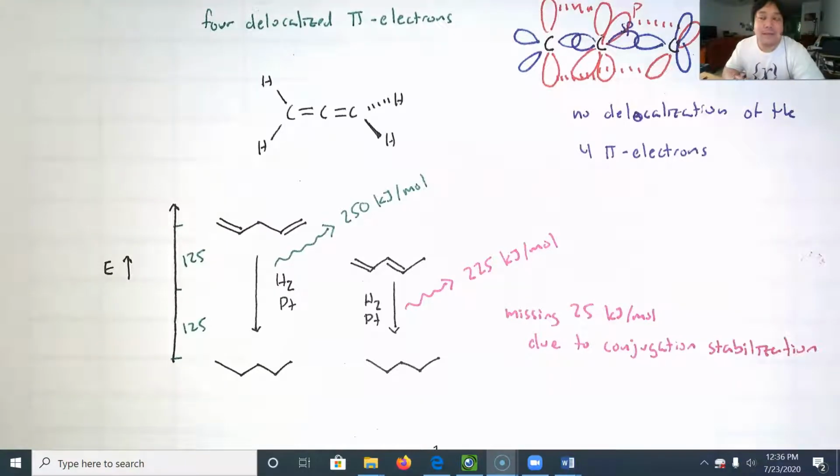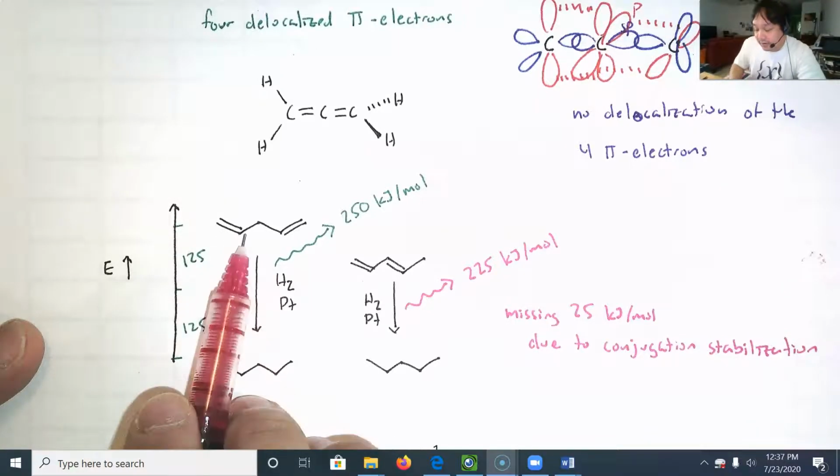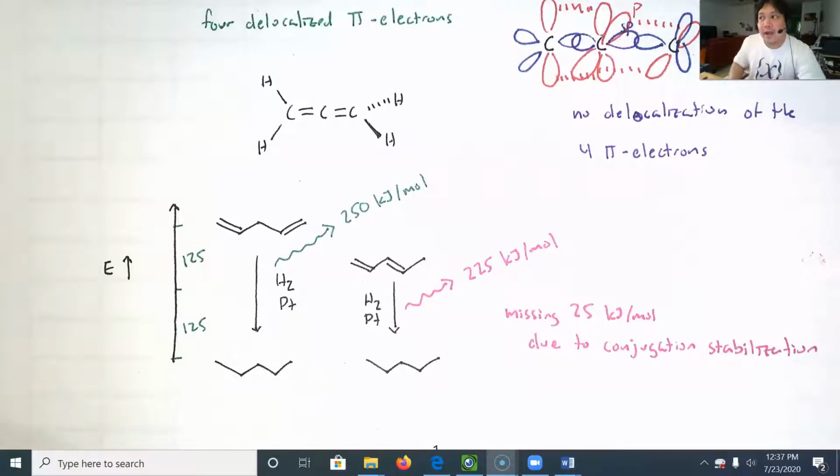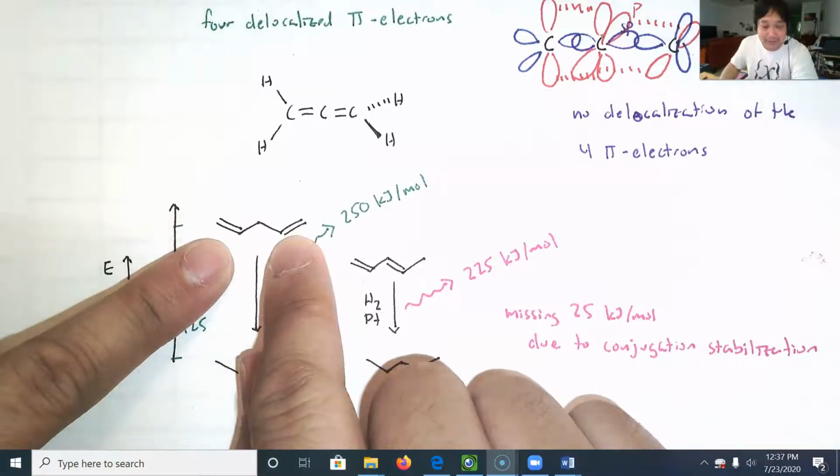That does have an effect on the reactivity of these two molecules. Think about adding HBr, right? You could add HBr in two places here, and I've got to be very careful about this. The reaction will go faster, okay?